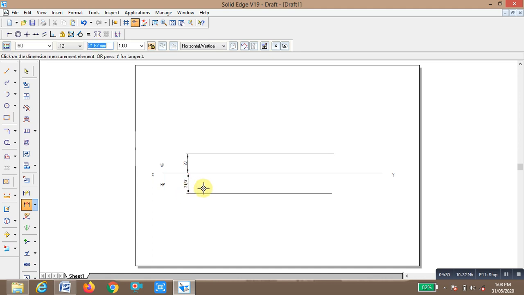In the given problem, the distance in front of VP is 30 mm, which means this side below the XY line, so we take it as 30, enter. Now it is changed.